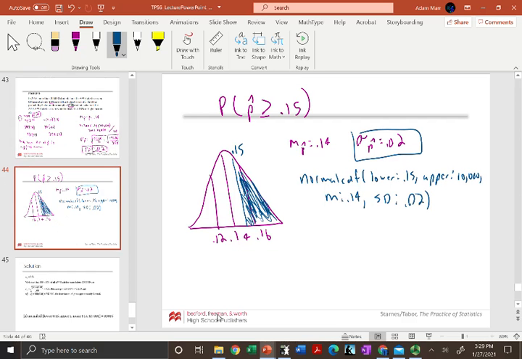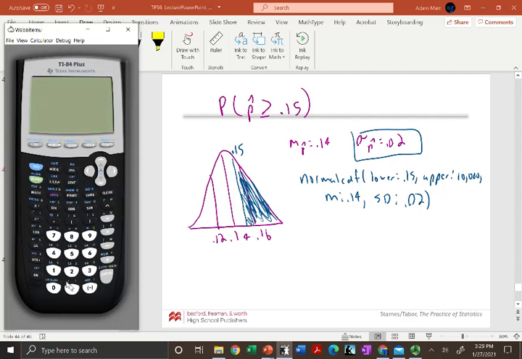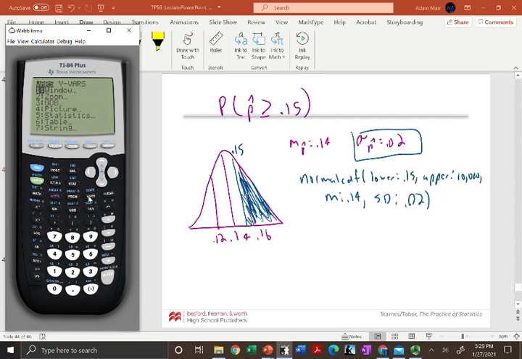Okay, so let's go ahead and get that. Oops, sorry, second distribution. So let's try it again. There we go, normalcdf. And you don't have to worry that it's greater than or equal to. That doesn't make a difference in this case for the normalcdf in the calculator. So lower is 0.15, upper is 10,000, or any really big number.